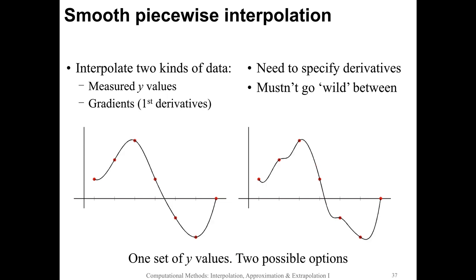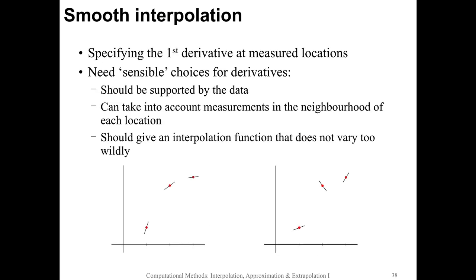To illustrate that point, for the same set of derivatives, if I toggle between the two, these are our derivatives, and these are the functions that go through. So same measured y values, but different derivatives, so we end up with two different smooth curves that go through them. So we need to specify our first derivative at each of our measured locations, at each of our knot points.